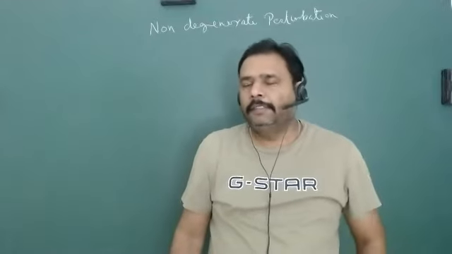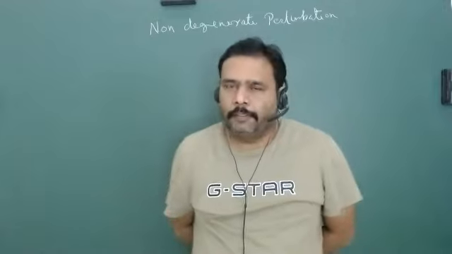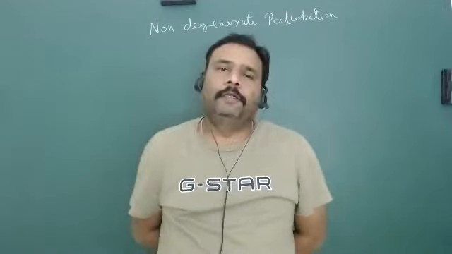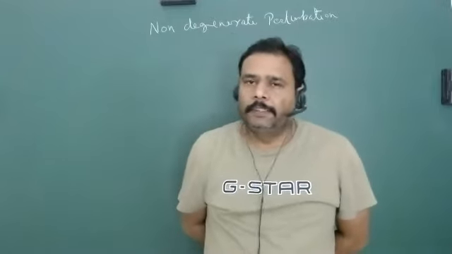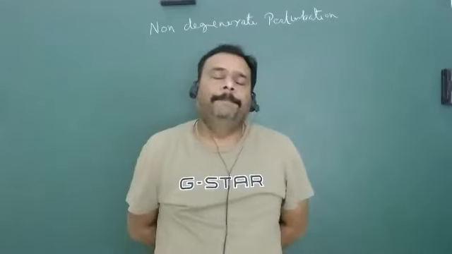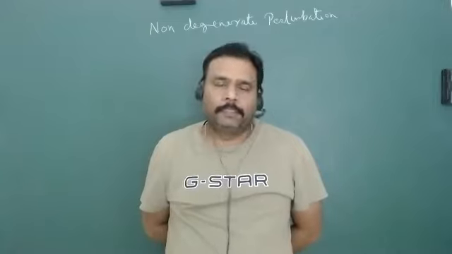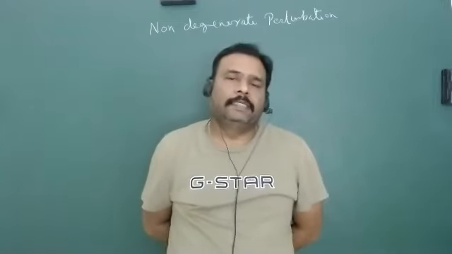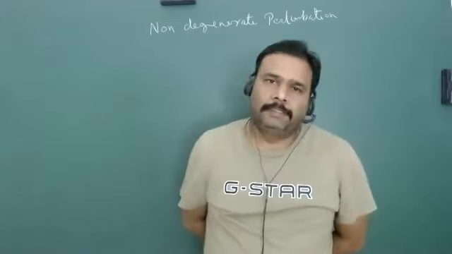And let's go for the next approximation method, and that is known as perturbation. We will first go for non-degenerate perturbation, and then we will go for degenerate perturbation. So, what is the basic meaning of perturbation? The meaning of perturbation is disturbance.